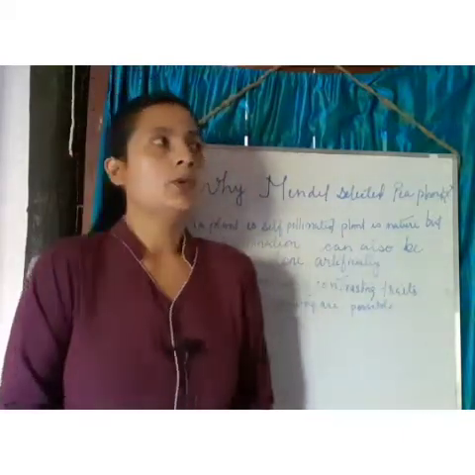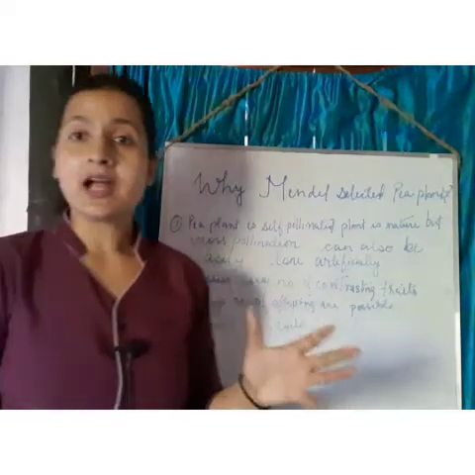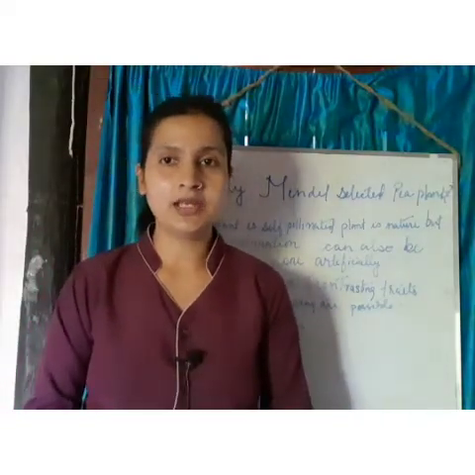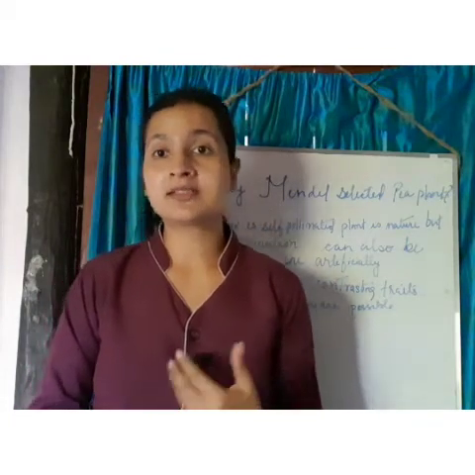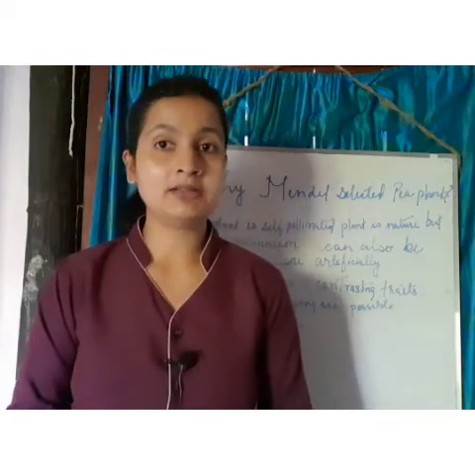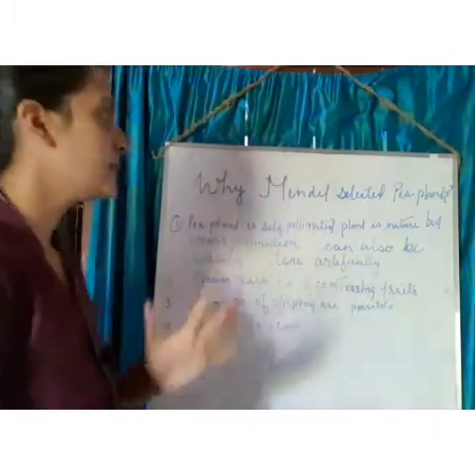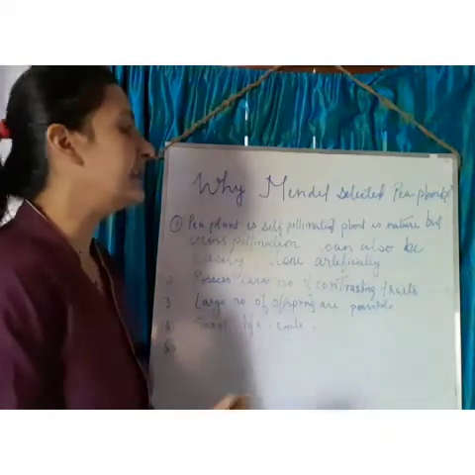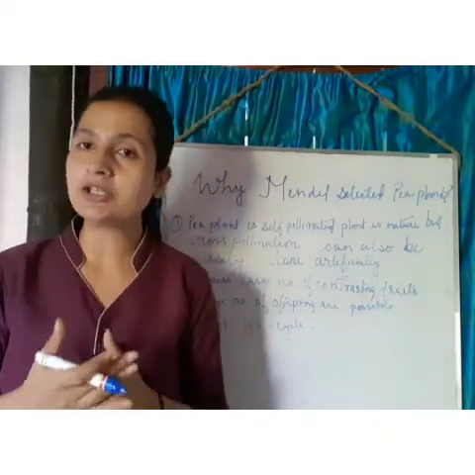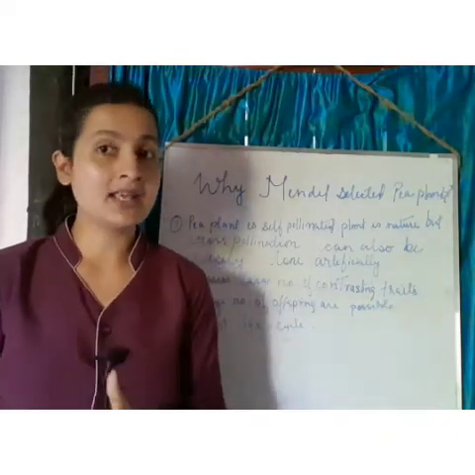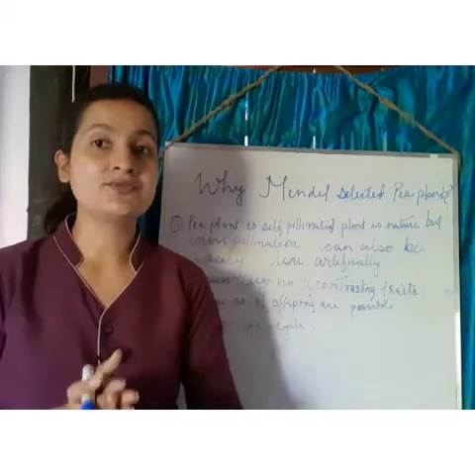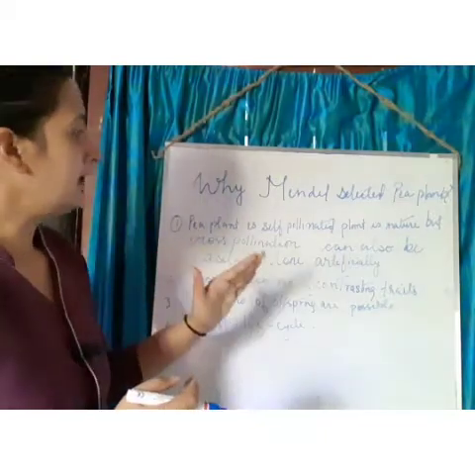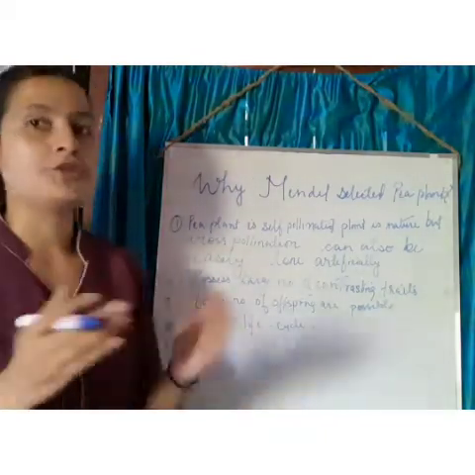So let us see what are the characters that a pea plant has, which made Gregor Johann Mendel choose this plant. So the first thing is that the pea plant is self-pollinated, which is very good, as well as it can also be done artificially.